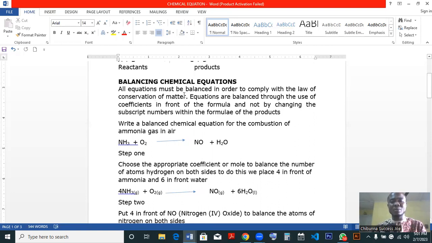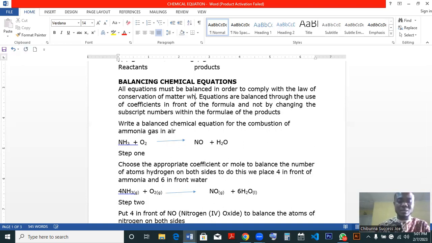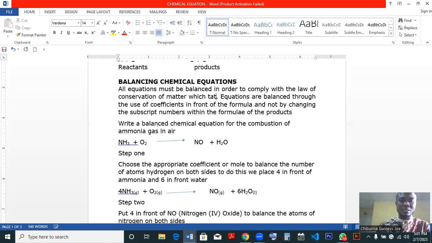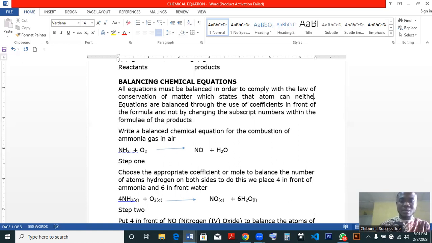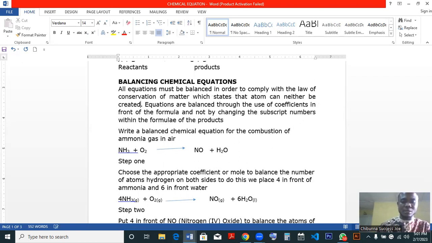So all equations must be balanced in order to comply with the law of conservation of mass, which states that atoms can neither be created nor destroyed.